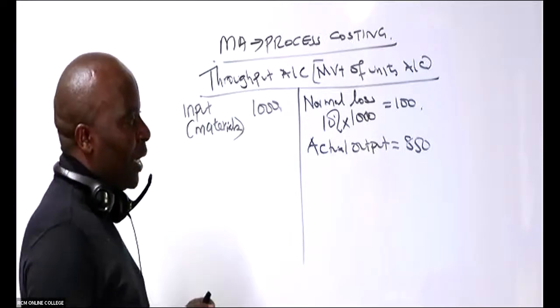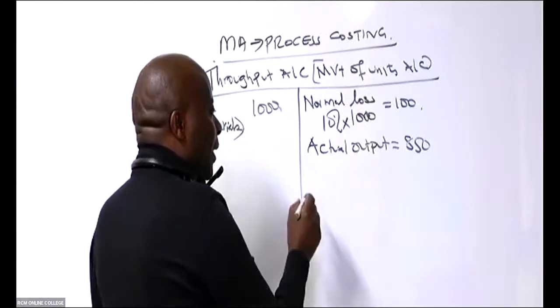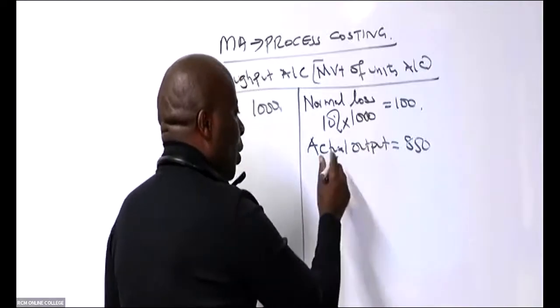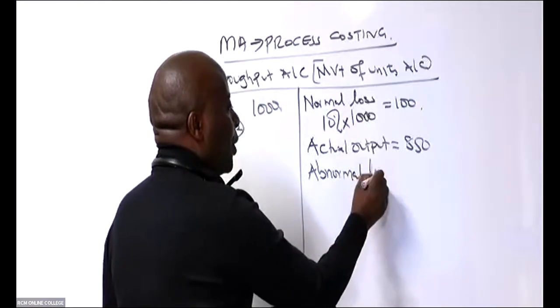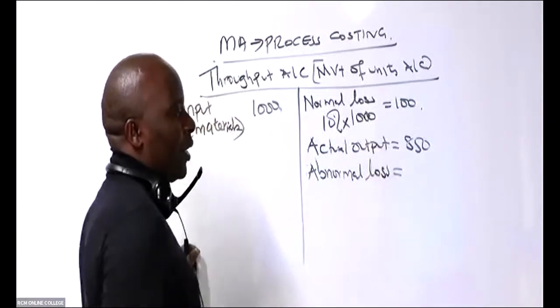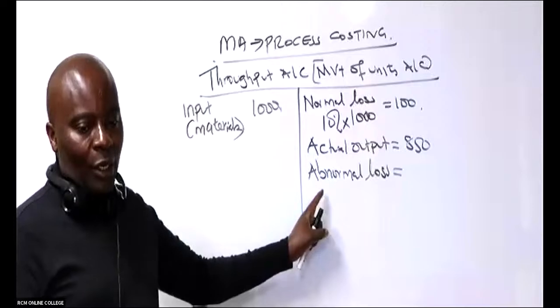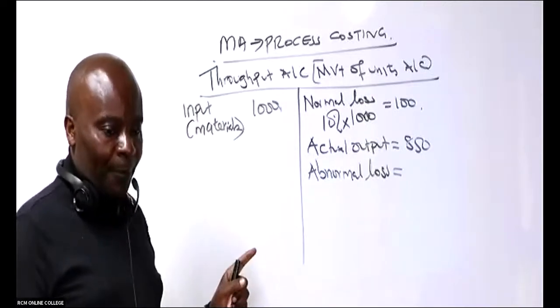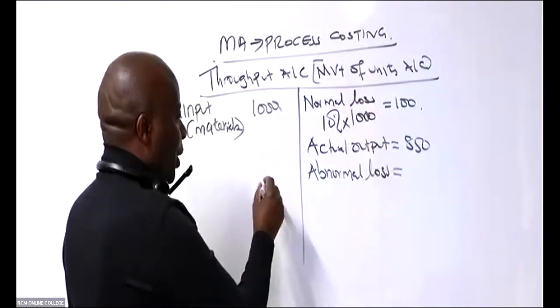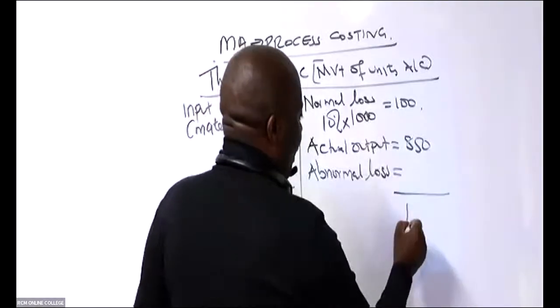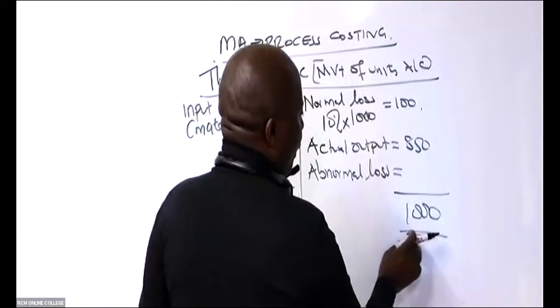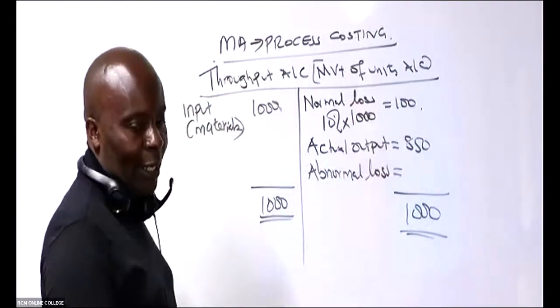If the balancing figure goes this side, to the credit, we call it an abnormal loss. I can see this is 1,000. So 1,000 minus this will end up giving me how much?